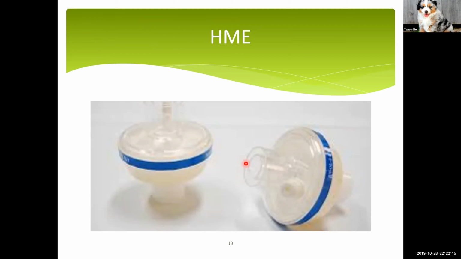One end would get hooked up to an artificial airway, and the other could get hooked up to your ventilator. As you exhale through the device and then take your next breath in, you pick up the heat and the moisture that was trapped in this little spongy-looking material, which traps all the heat and humidification from your exhaled gas.